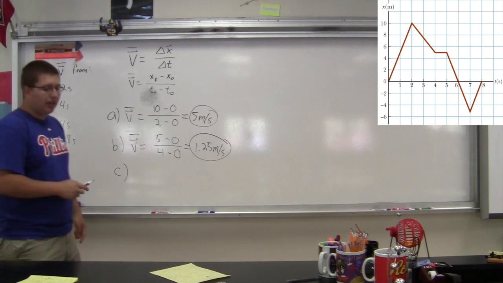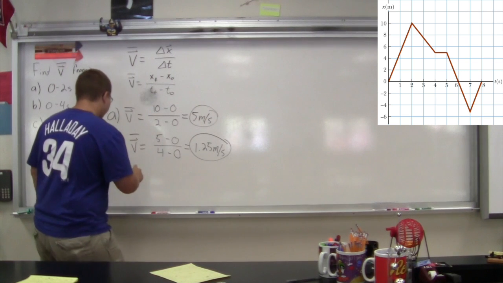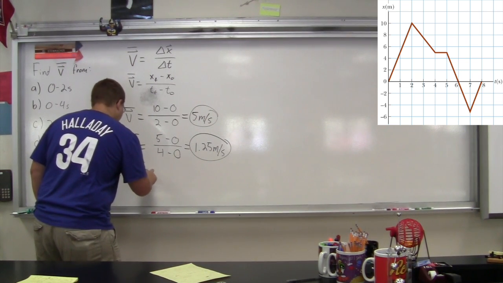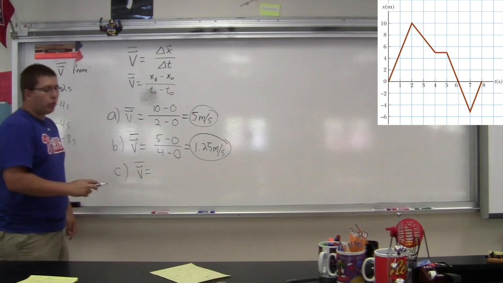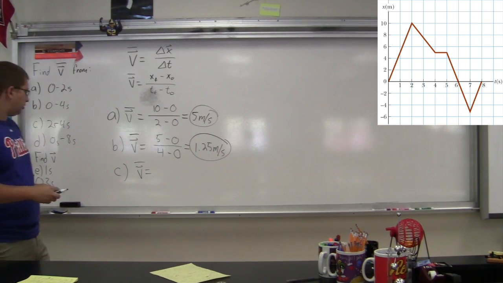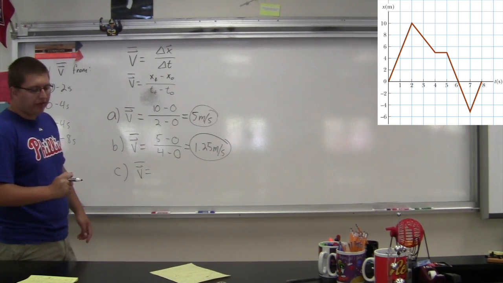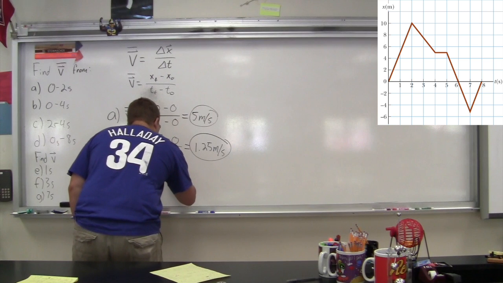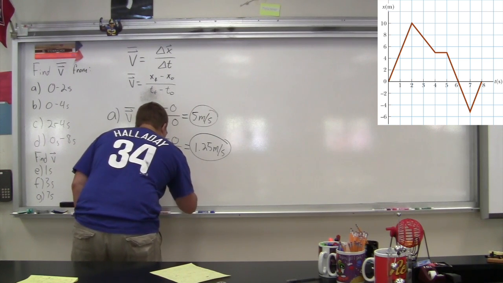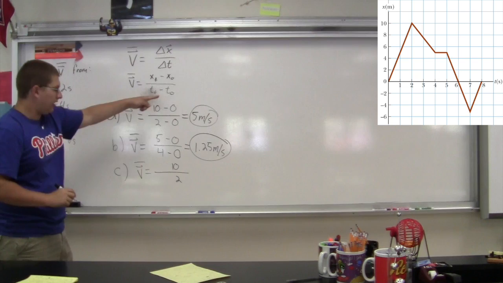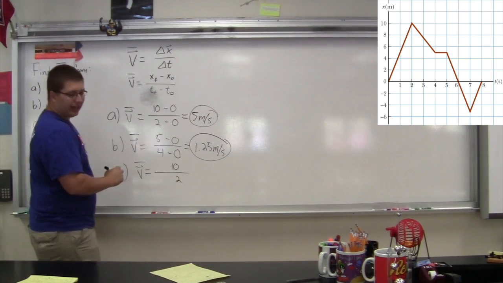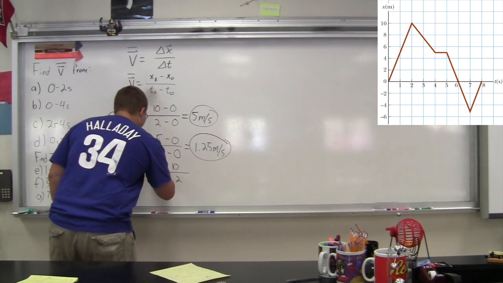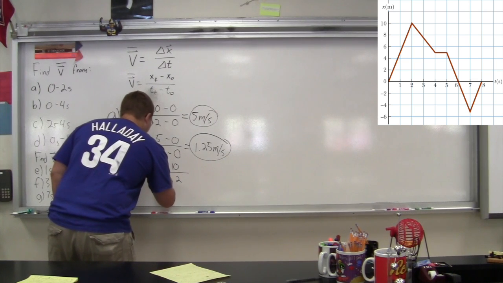Speaking of 2 to 4, letter C asks us to find the average velocity from 2 seconds to 4 seconds. Take a look at your graph again. At 2 seconds, it's at 10 meters. That's the initial position and the initial time. Its final position is 5 meters at 4 seconds.